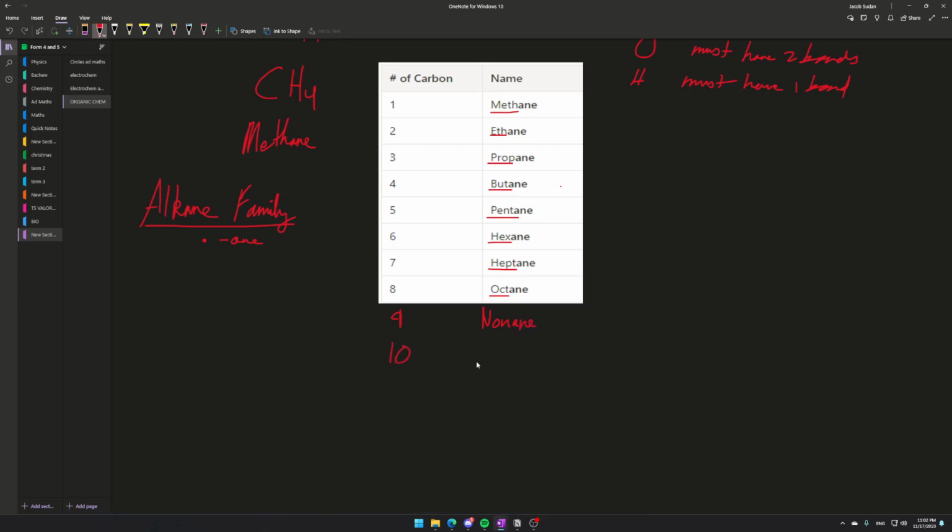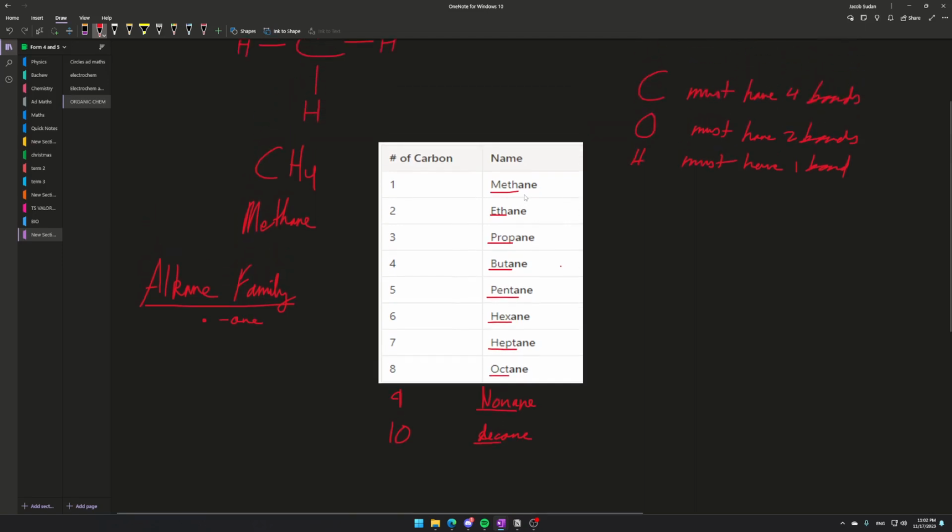And 10 is decane. So the prefixes there are non and dec. And with these you can name basically everything in the basic end of organic chemistry, which is what we're going to go over.